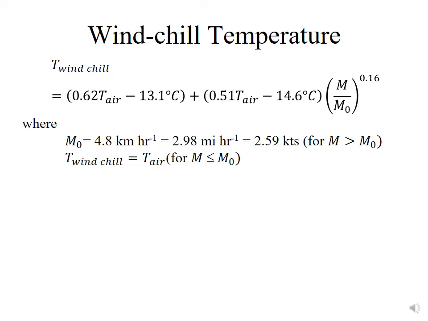And m naught is a reference wind speed of 4.8 kilometers per hour, which is almost 2.6 knots, and m is the actual wind speed. So for m greater than this reference speed, we have a definition of a wind chill temperature. And if the wind speed is less than your reference value, then the wind chill temperature is defined as equal to the temperature of the air.